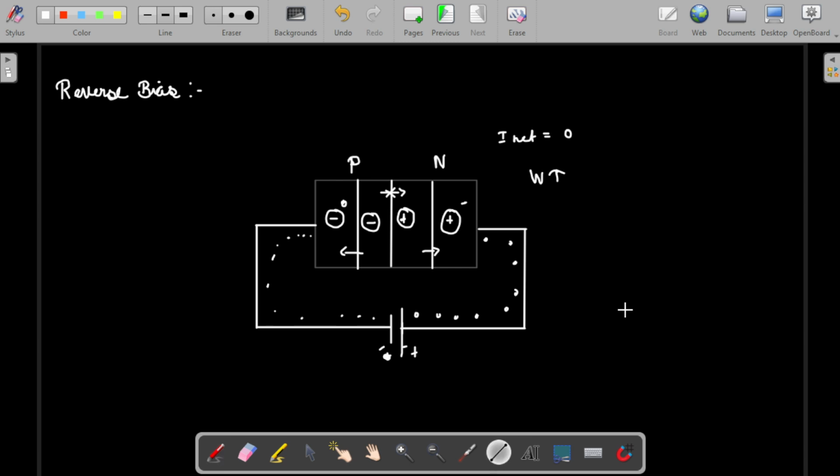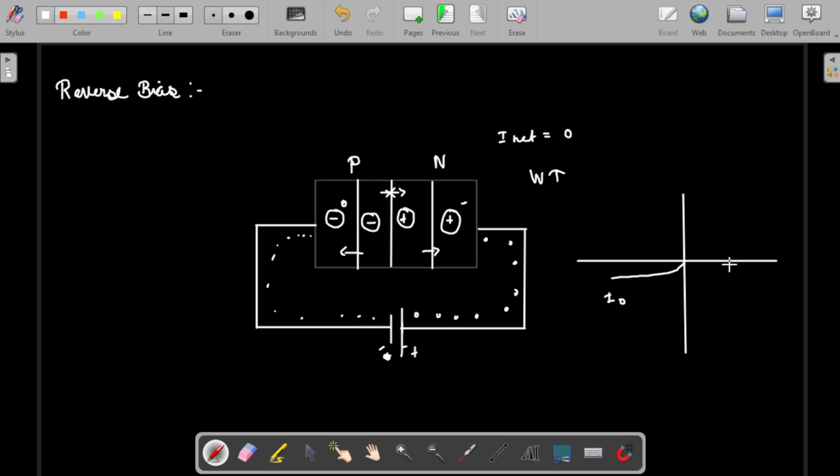So let me plot that graph here. If we draw it, some negligible current will flow in the reverse direction. That we will call the reverse bias current or leakage current.